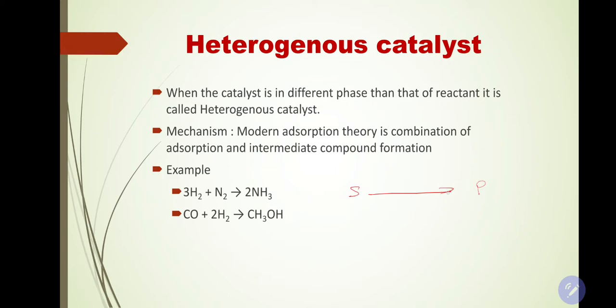So here the phases are different. So how does the process basically take place? Over here, on the surface of the catalyst, the reactant molecules first undergo diffusion.